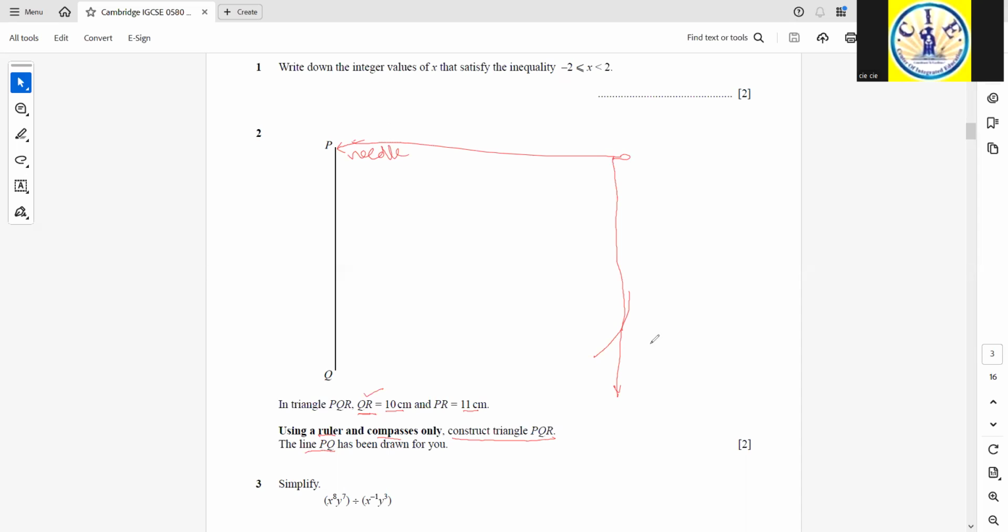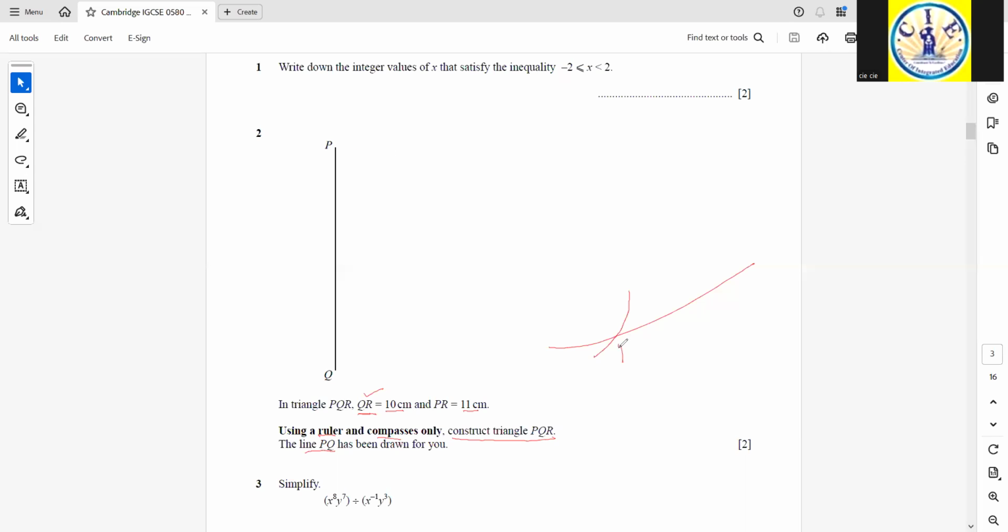So we are going to draw an arc once again. This arc is of radius 11 centimeters. So wherever both of these arcs intersect, that point would be labeled as point R.